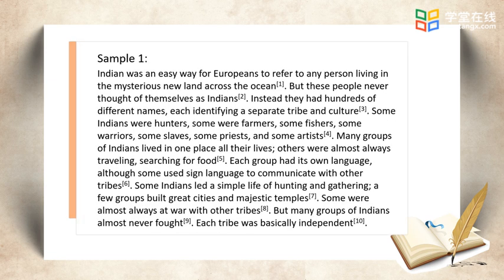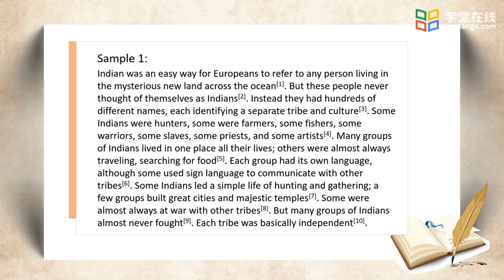Look at this example. India was an easy way for Europeans to refer to any person living in the mysterious new land across the ocean. But these people never thought of themselves as Indians. Instead, they had hundreds of different names, each identifying a separate tribe and culture.